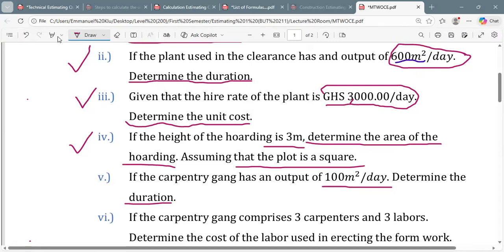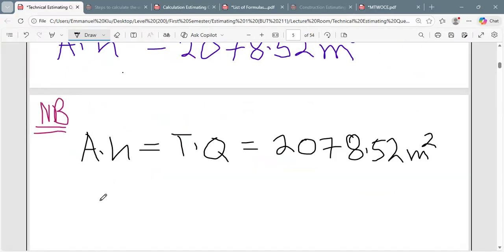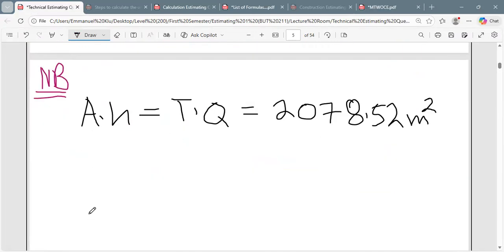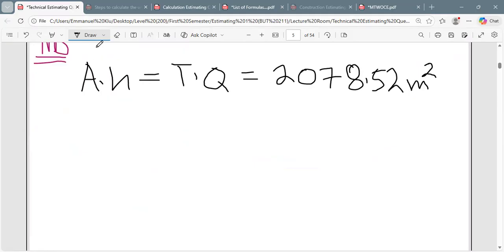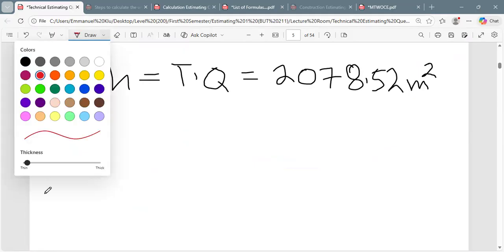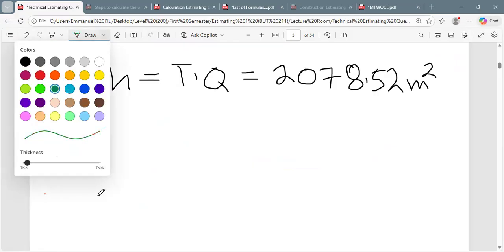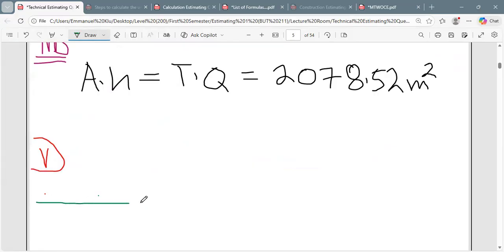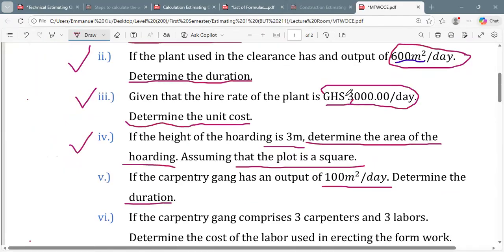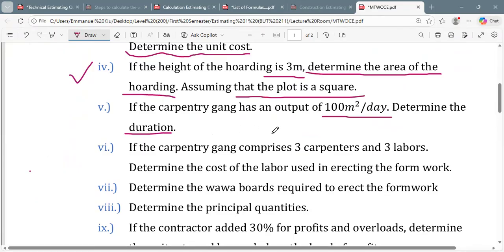So we are moving now. This is where we are calculating for the duration.